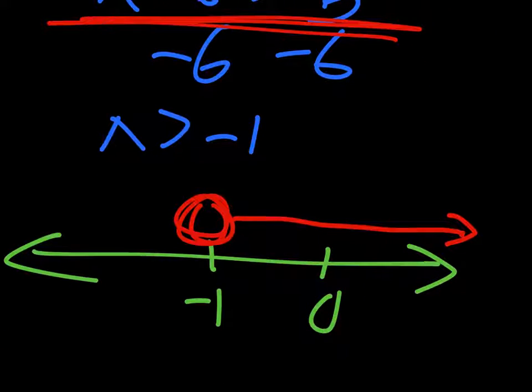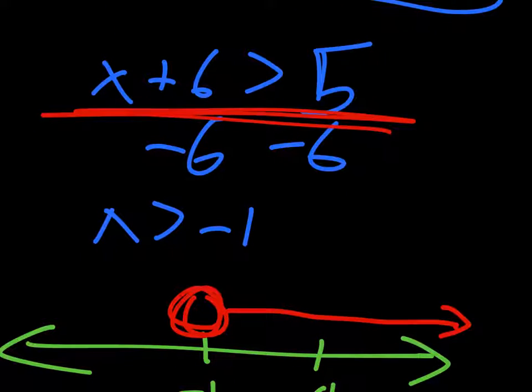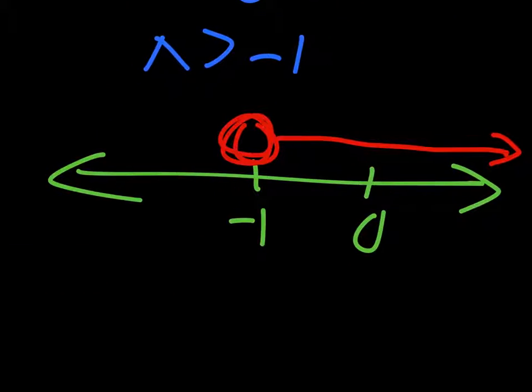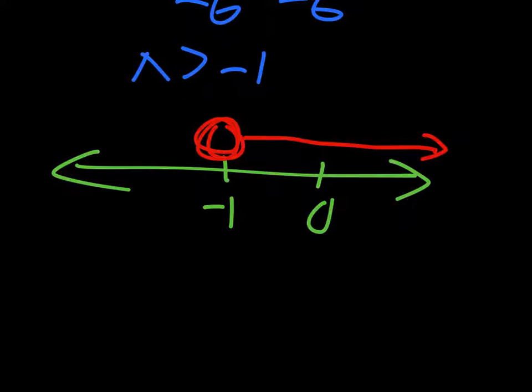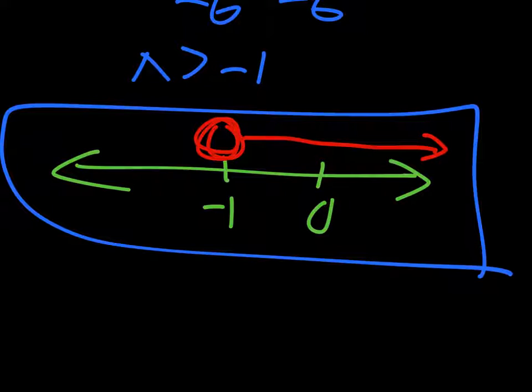So -1 would make this statement true, 0 would, 1, 2, 3, 4, 5, and onward until infinity will all make this inequality true. That's basically what an inequality is, and this is what their graph looks like.